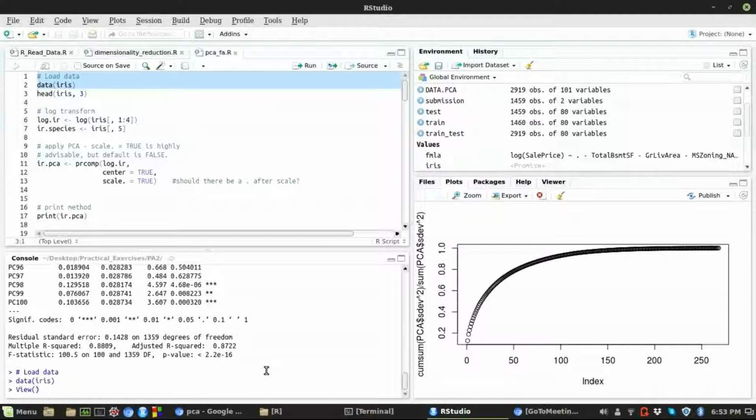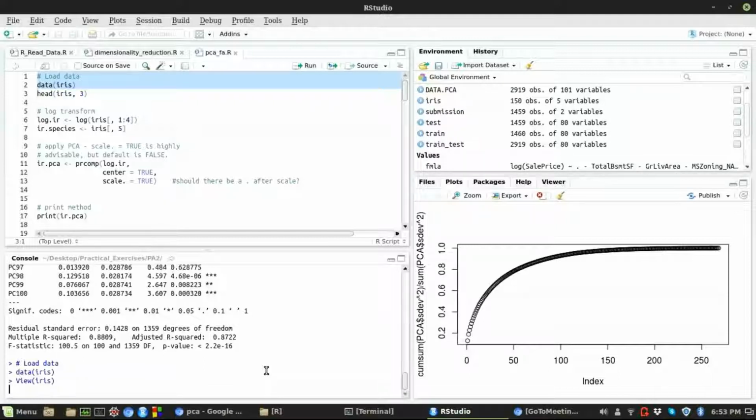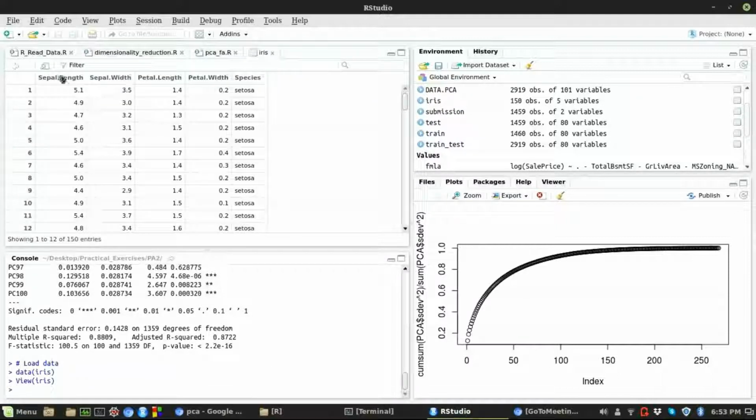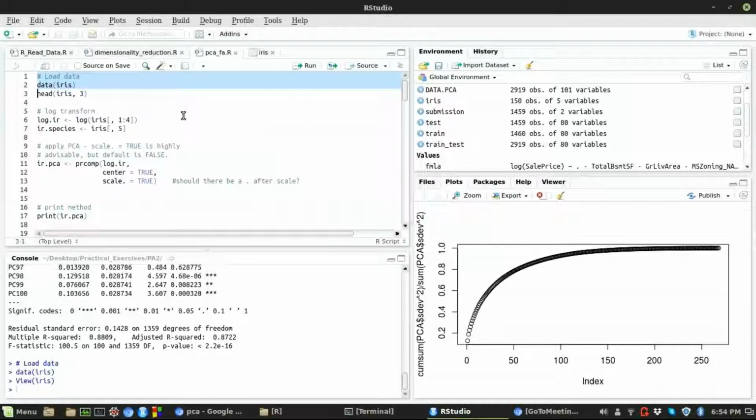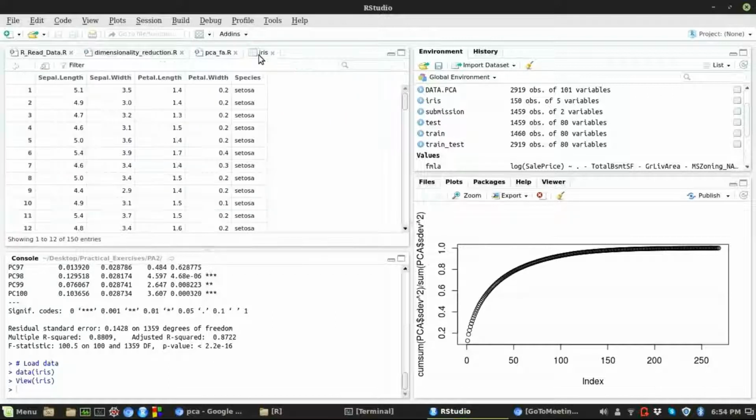It has 4 numeric columns and 1 categorical column. We will drop the categorical column and just analyze the numeric data themselves. So this is 4 columns. Each one of these points can be thought of as a point in 4-dimensional space.